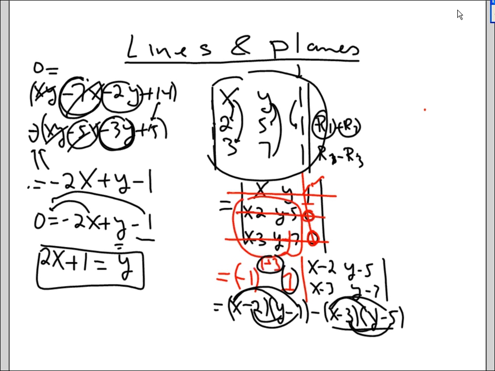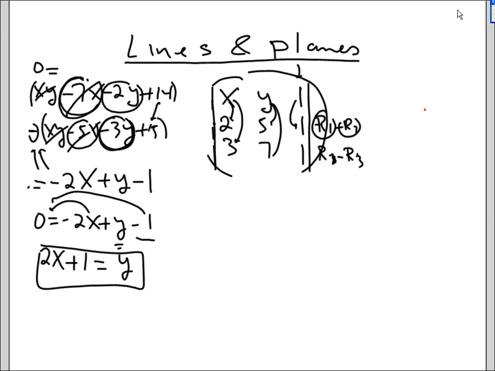Now, if you wanted to, you could have done the tic-tac-toe. Let's see and learn right here on the spot if that's going to be easier than subtracting two sets of two rows, row 2 minus row 1 and row 3 minus row 1.